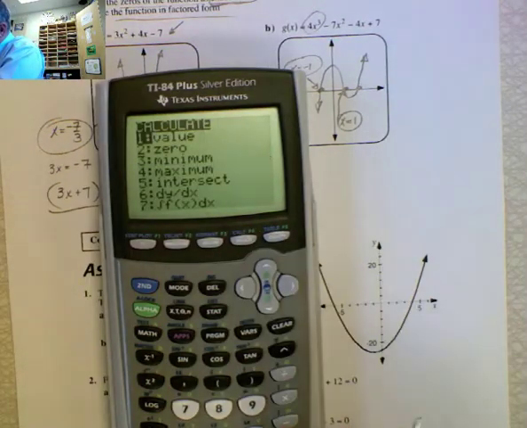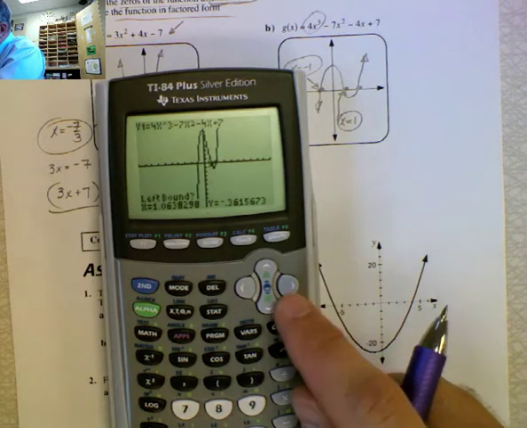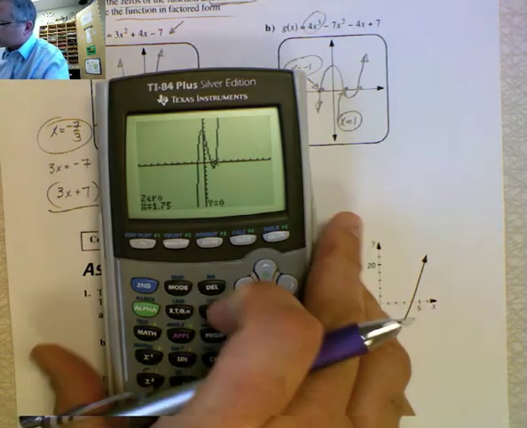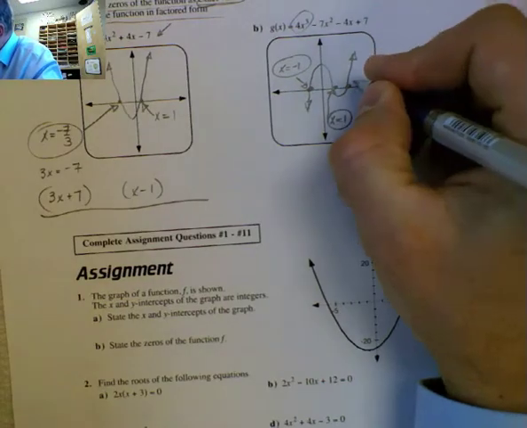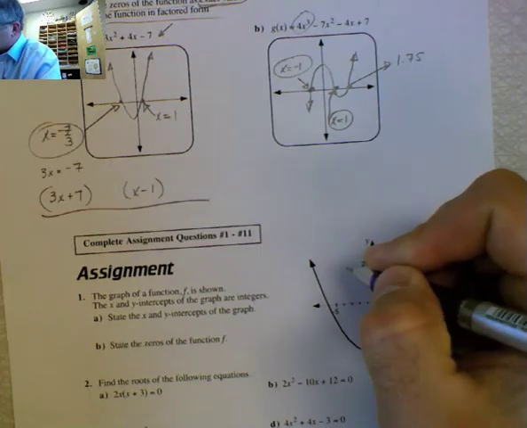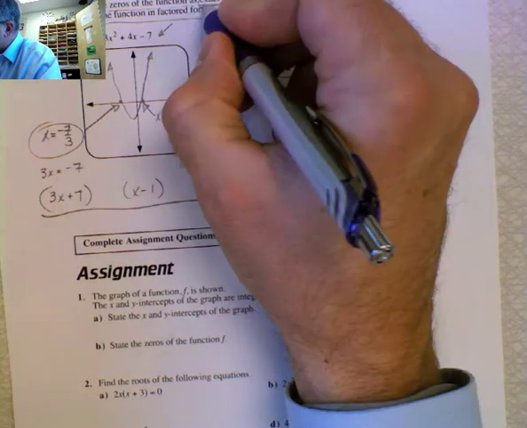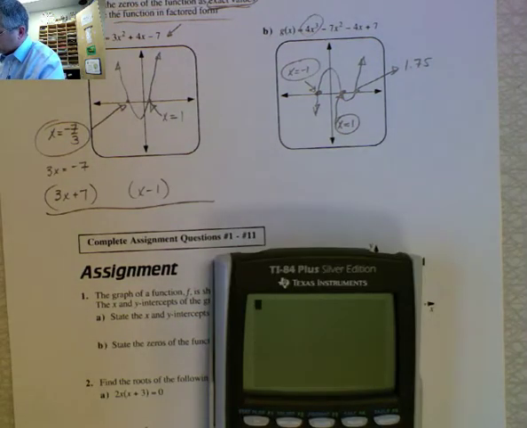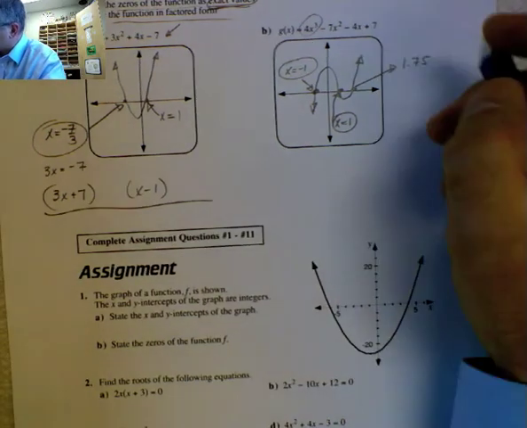Now if we find our third x-intercept, it tells us it's 1.75. Well, 1.75 is our x-intercept, but remember it wants the x-intercept as an exact value. So if we go 1.75 math fraction, it tells us that's 7/4.